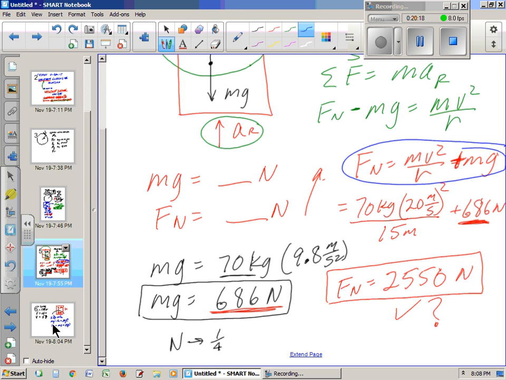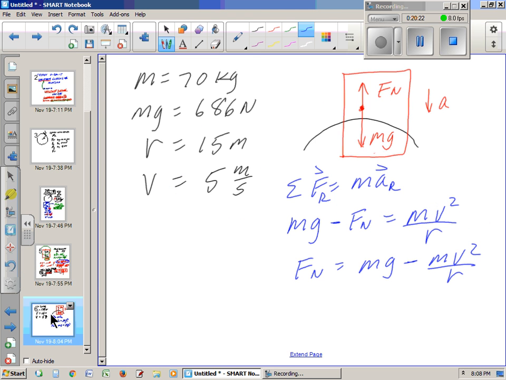Here the mv squared over r is going to be a negative value. Okay, so we'll put the mg in as the 686 that we already know, and subtract from that the 70 kilograms. Now we're only going 5 meters per second, and that gets squared, and we'll keep the same radius of turn on the hill, the radius of the circle on the hill, and we'll come up with that.